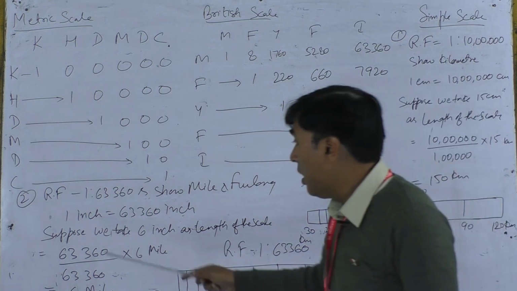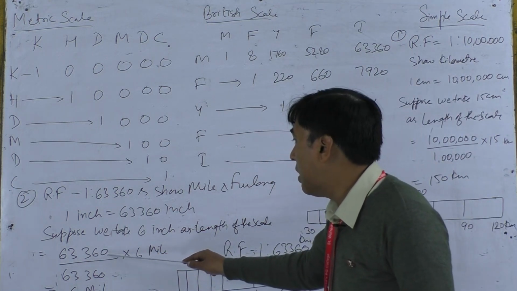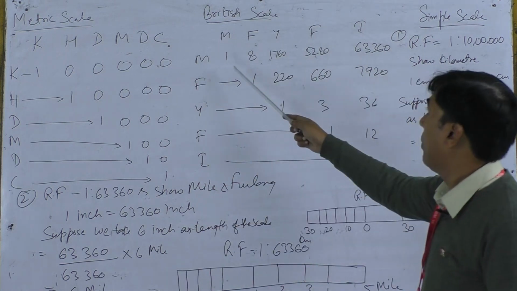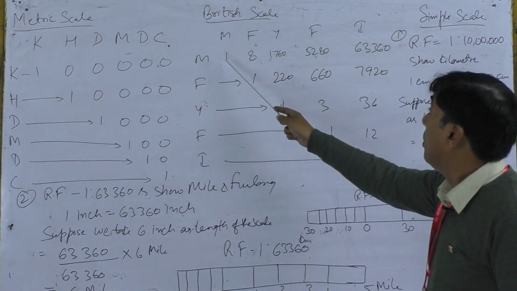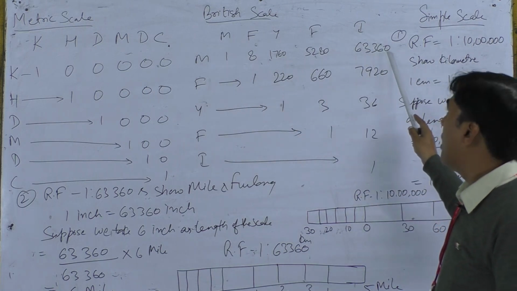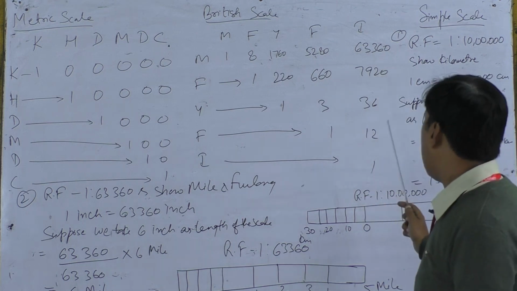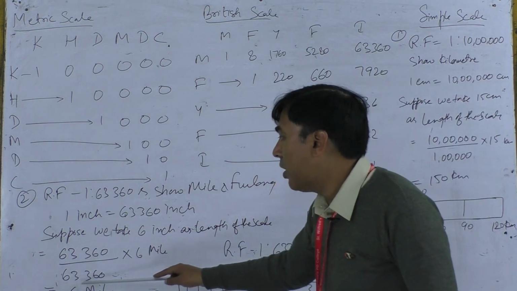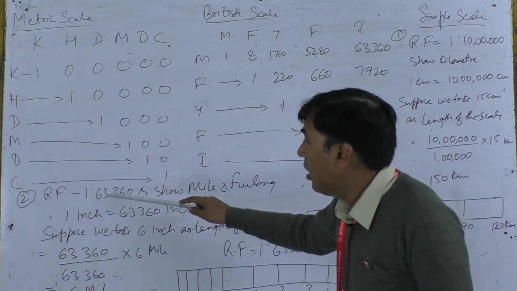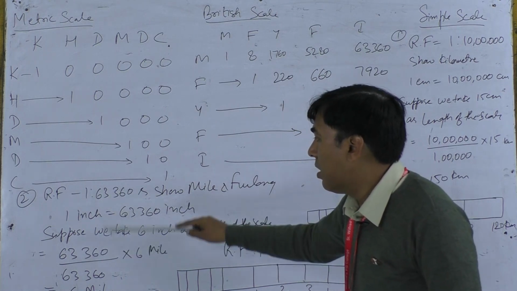So what does it mean? 63,360. Look here, 1 mile. In 1 mile, how many inches? 63,360 inches. So that's why we are using 63,360, and the numerator is given here, this is 1.